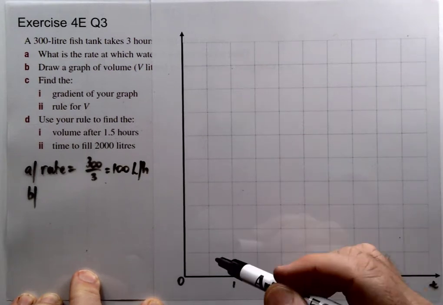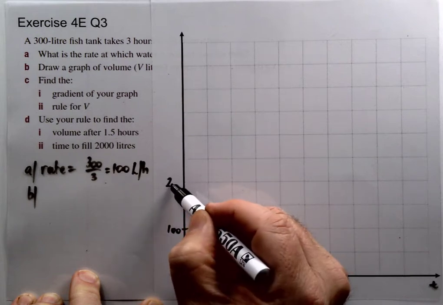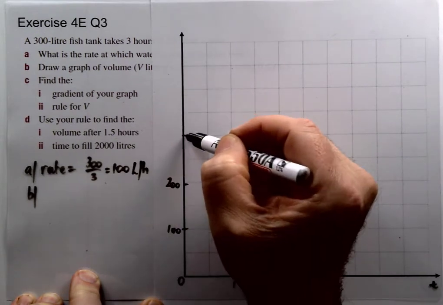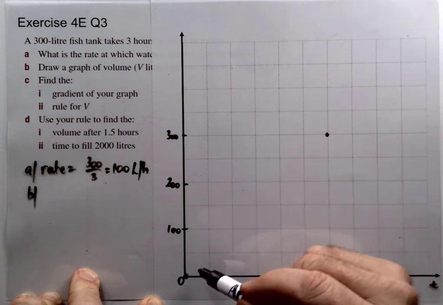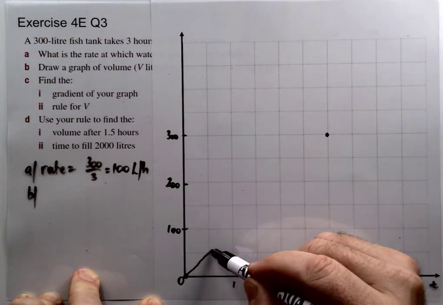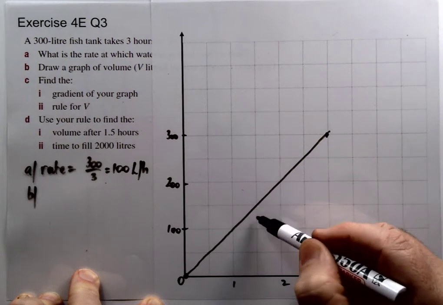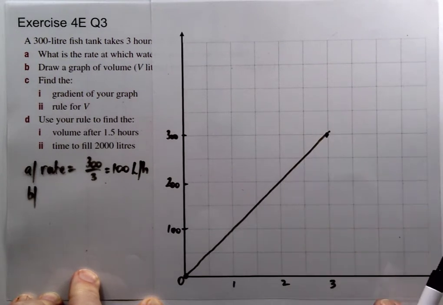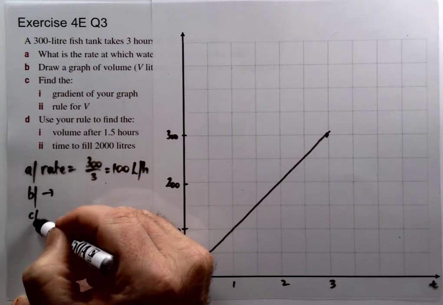And up the side we want to go up to 300 litres, so let's call that 100, 200 and 300. So we know it starts at being empty. After 3 hours it'll have 300 litres in it. Luckily for us, notice our line passes through each of these junctions there.